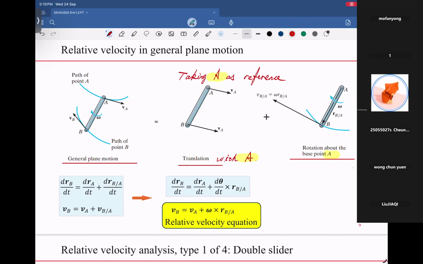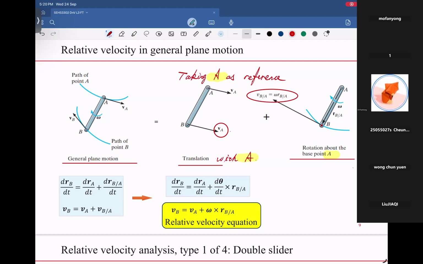Now, for the translation with A, it contributes to point B's motion as velocity A. And the rotation about A contributes the relative motion of particle B, taking A as a reference, with respect to A. So this part we have VB is omega times RBA.